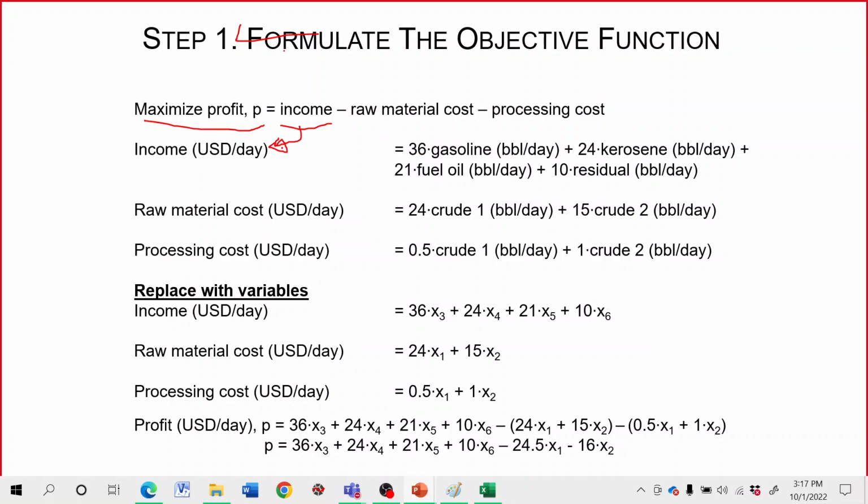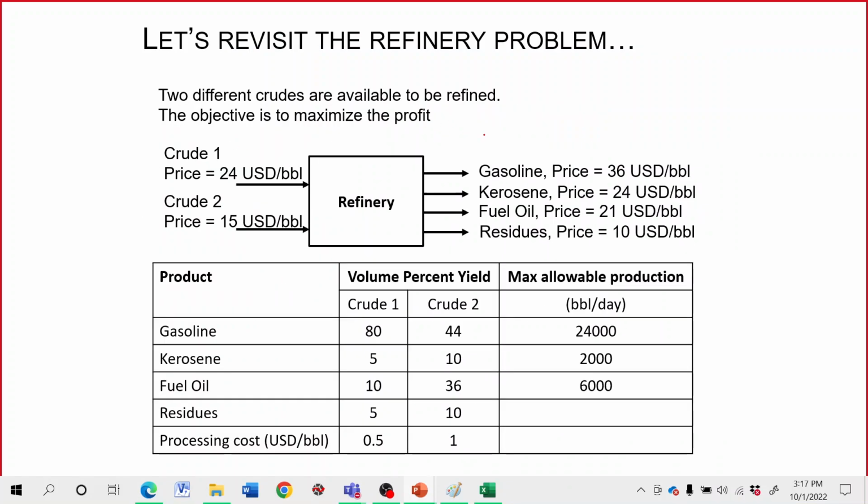this one, right? This income comes basically because we are going to sell the product. What we don't know is how much crude one and how much crude two, in barrels.